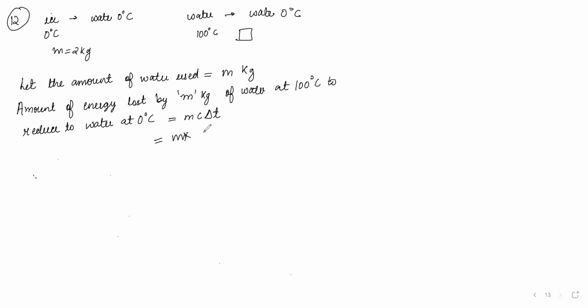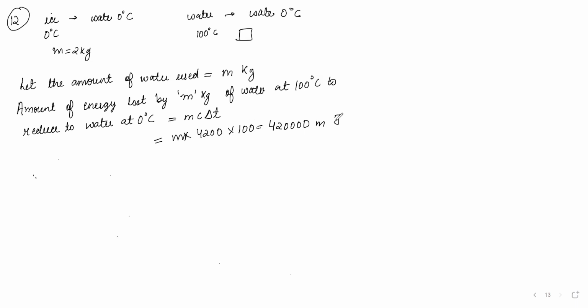But then here since everything is in kg, we'll be taking 4200 joule per kg into delta T, again 100. So this is 420000, 4 zeros, M joule.